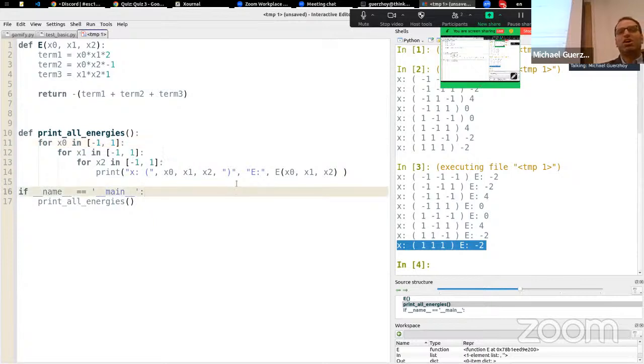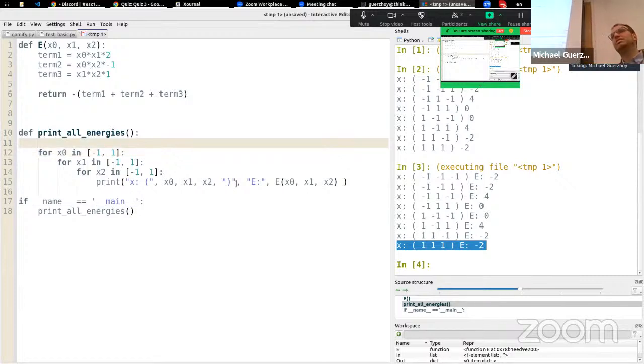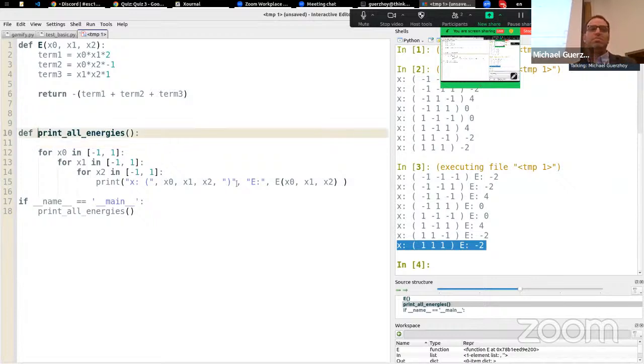So this is printing all energies. So now what we want to do is minimize the energy, right? So we want to print out one solution that minimizes the energy. So how can we do it? Let me do a simpler example.